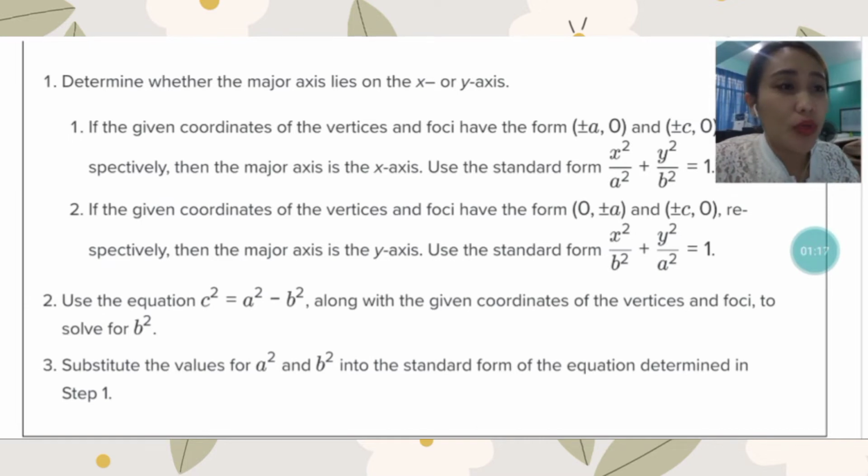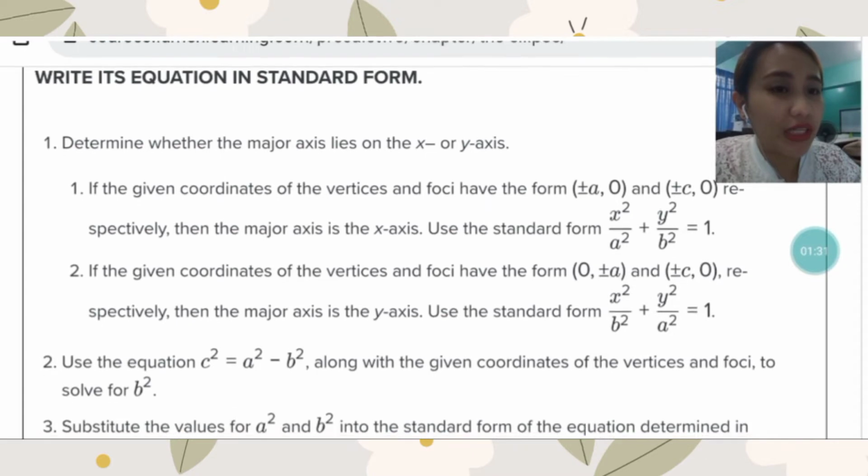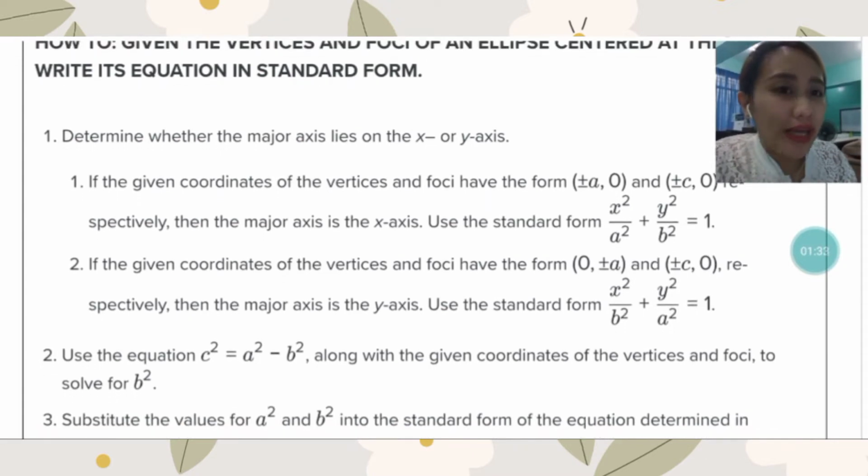So 1.1, if the given coordinates of the vertices and foci have the form positive negative a, 0 and positive negative c, 0 respectively, then the major axis is the x-axis. So use the standard form x squared over a squared plus y squared over b squared is equal to 1.